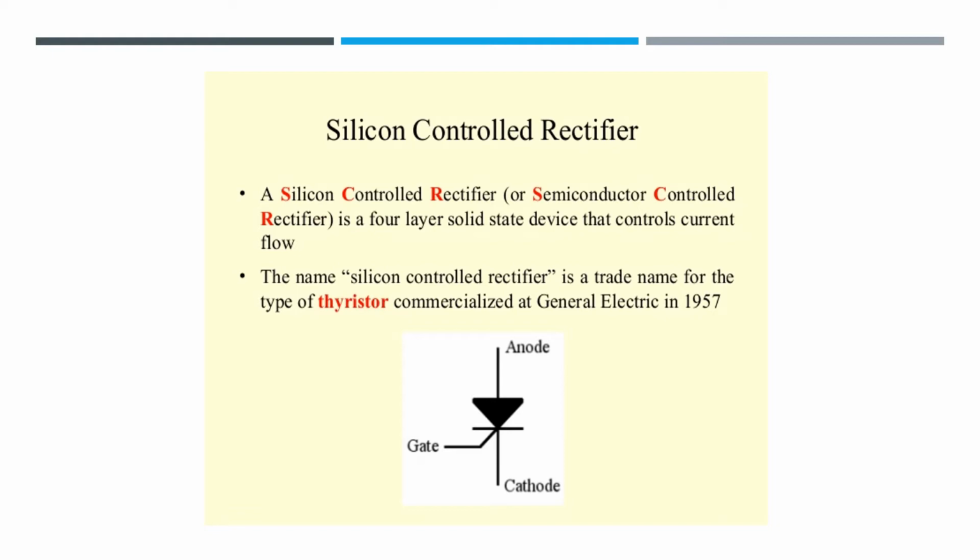Now, as I have mentioned in the introduction, the silicon control rectifier or semiconductor control rectifier is a four-layer solid-state device that controls current flow. The name silicon control rectifier is a trade name for this type of thyristor commercialized at General Electric in 1957.